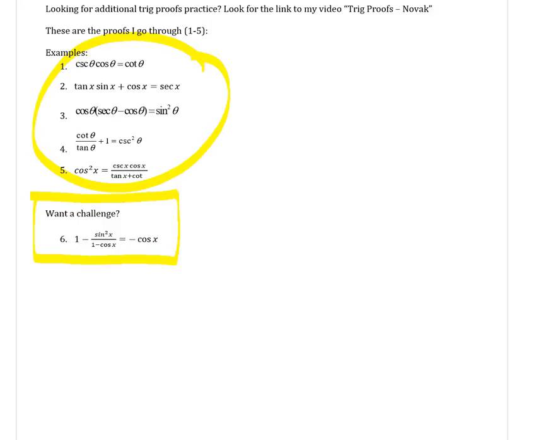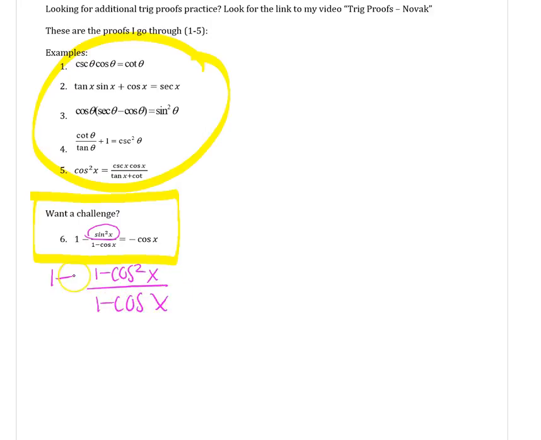So going to the bottom here, these are the proofs I was talking about that are in the other video. I'm going to go through this one now. Something I notice is that this can be rewritten in terms of cosine. I can write that as 1 minus cosine squared of x all over 1 minus cos of x.